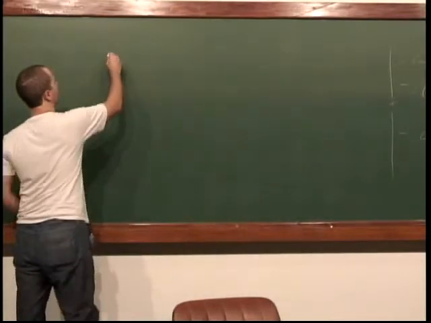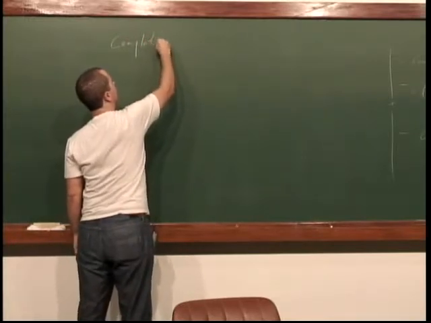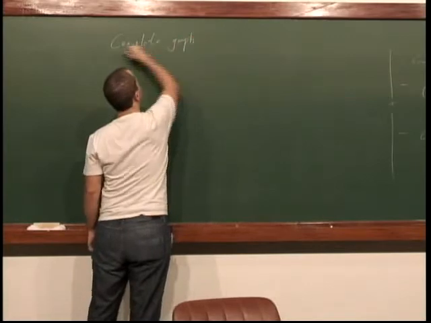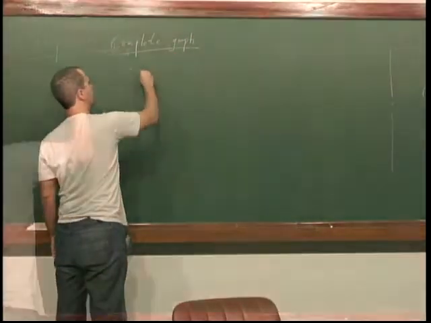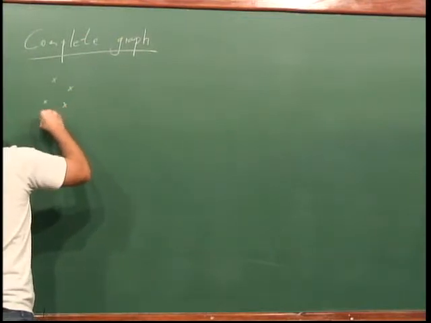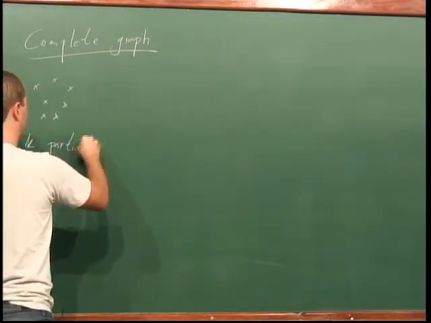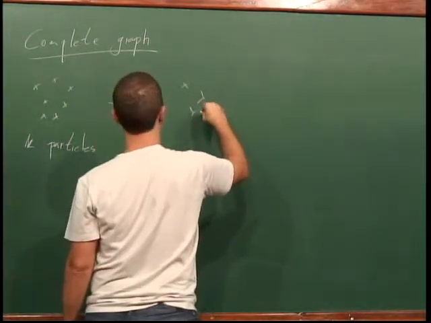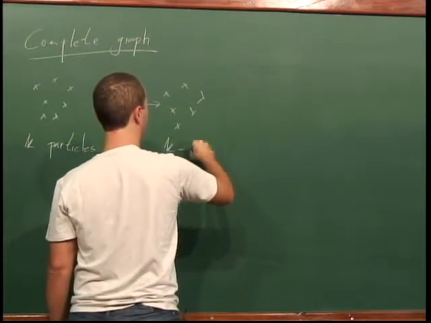So the complete graph case, of course, is very simple because it's got lots of symmetries, right? And the critical part of the analysis is understanding what happens when you move. Say you have k particles here, and you want to move to k minus 1 particles here.